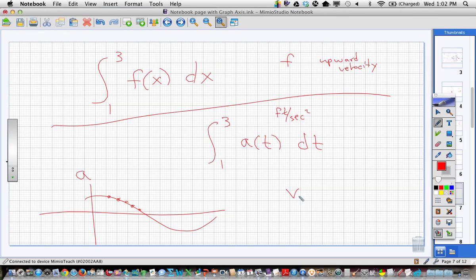Let's think of the chart. This probably helps us the most. So if the acceleration is positive, what's that tell you about the velocity? Increasing. If the acceleration is decreasing, which it is right through here, what's that tell you about velocity? Now does concave down tell you anything about velocity, whether it's increasing or decreasing?